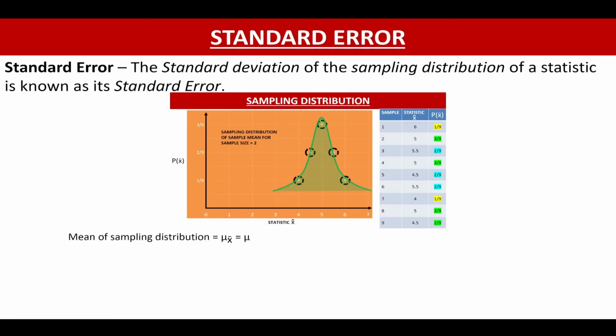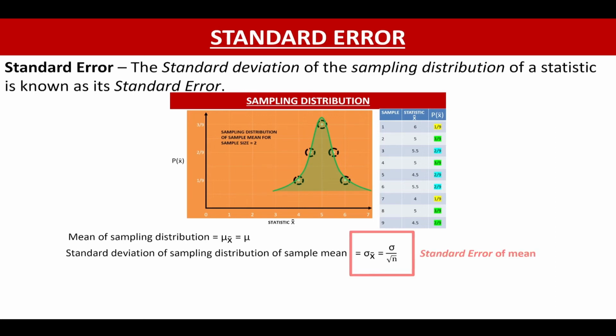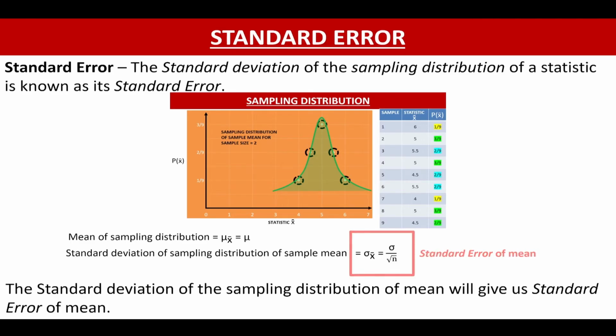So now if we take the standard deviation of the sampling distribution of sample mean, we get sigma x bar is equal to the standard deviation of population divided by the square root of the sample size. This is called the standard error of mean. The standard deviation of the sampling distribution of mean will give us the standard error of mean.